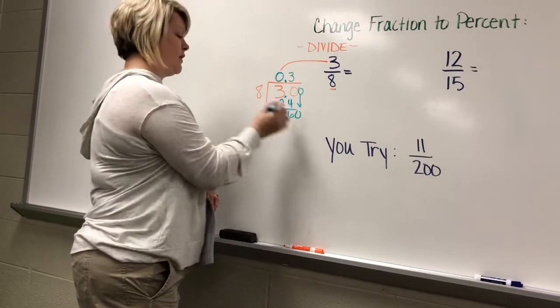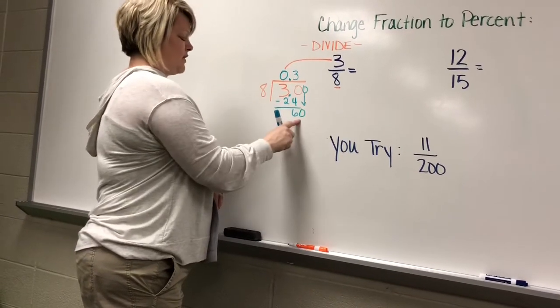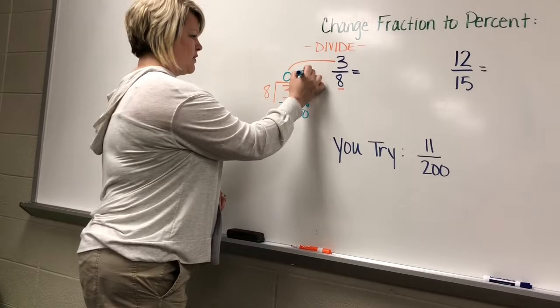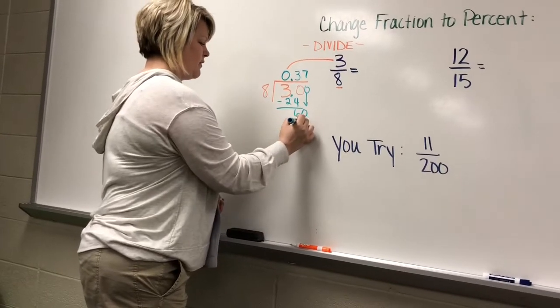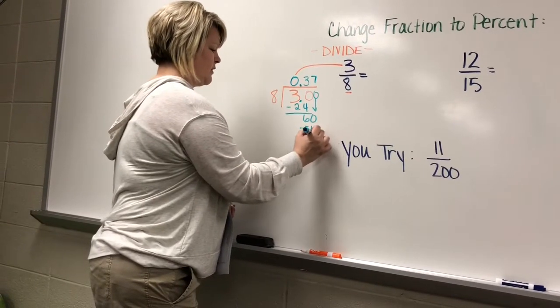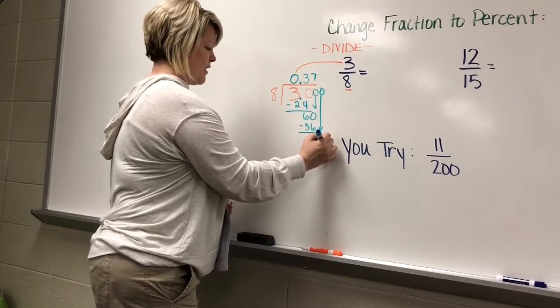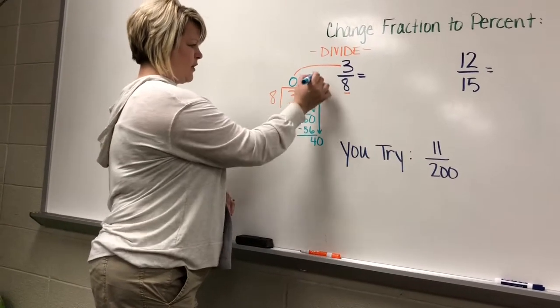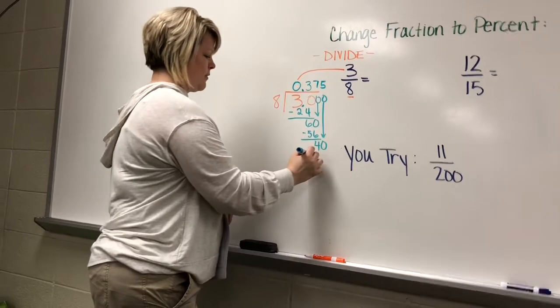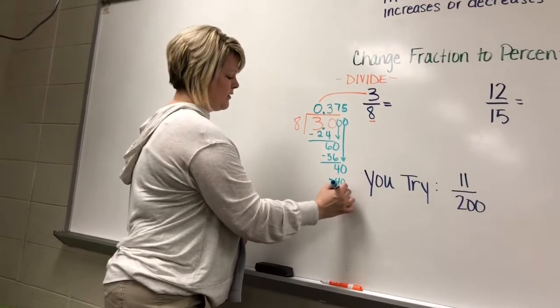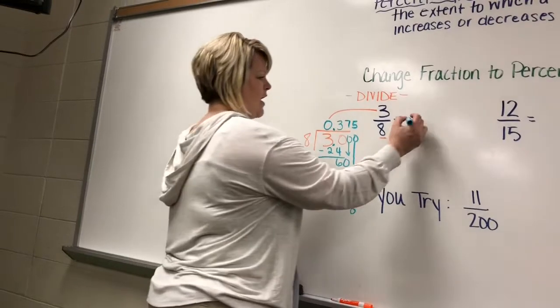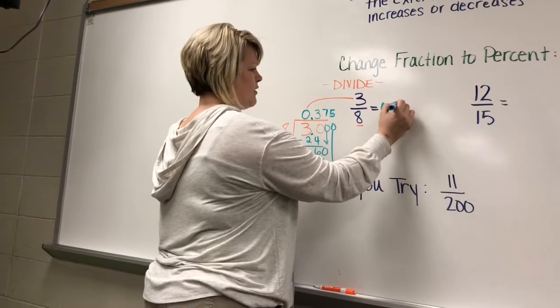Now I have 60. 8 goes into 60 7 times. That's 56. Now I have 4. Add another 0, bring it down. 8 goes into 40 5 times. It goes in nice and even. So now I have 0.375.